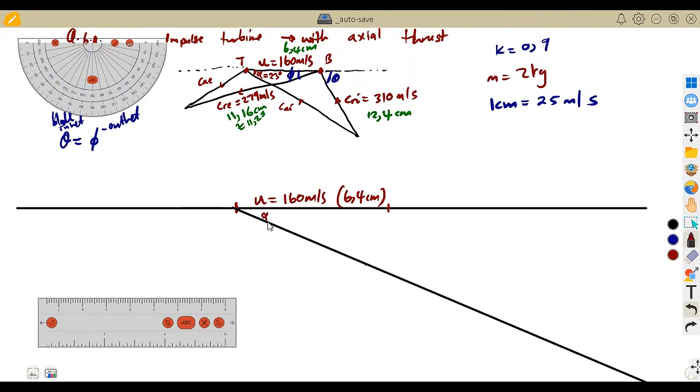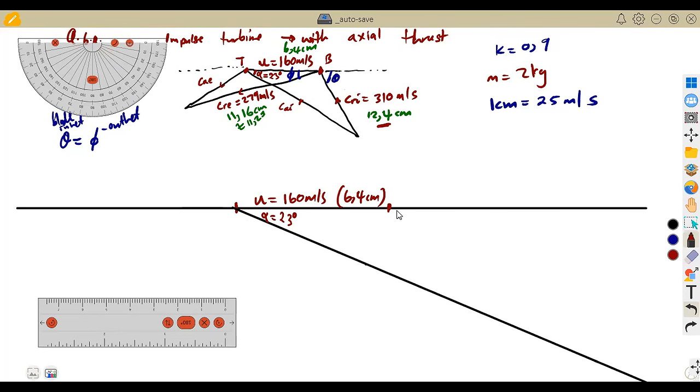We've got our alpha, which is the one that we used to construct this line of the inlet absolute velocity. But the question is, how are we going to get the others? We have this distance. We know that there's 12,4 from this point of the blade, from the blade point here.